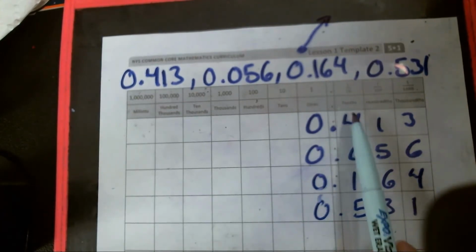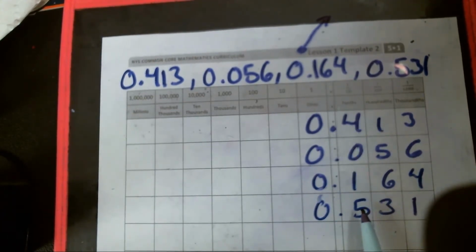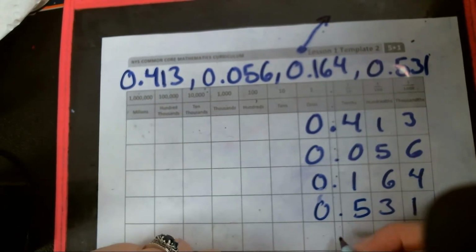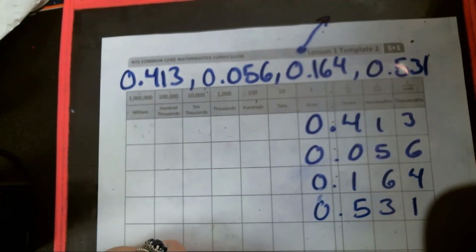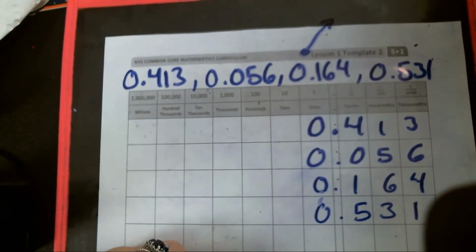So out of all the numbers that are in my tenths, I want to find the one that is the smallest. 0 is the smallest number I have in my tenths. So down here, I'm going to give myself a space, and I'm going to write this number and start finding the answer. So 56 thousandths is my smallest or my least number out of this set. And I'm going to cross that off so I don't worry about that anymore.